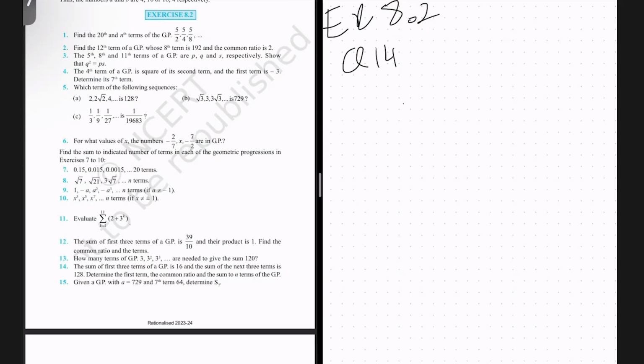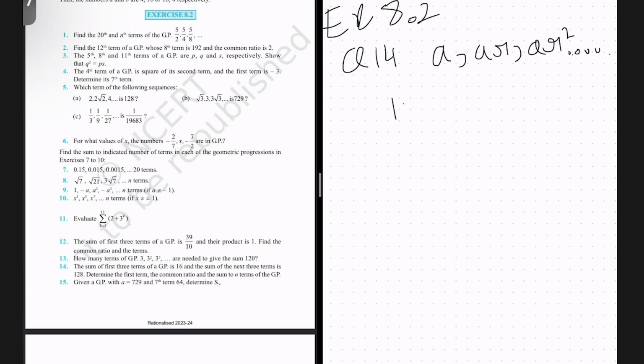Let us assume that the GP is going to be of the form a, ar, ar square, and so on and so forth, right? This is going to be my GP.